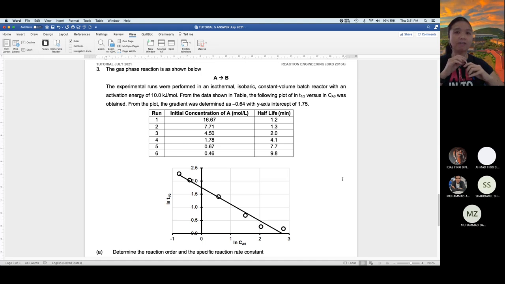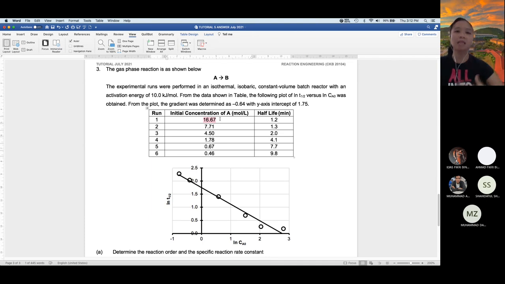adalah half life. Okay, kalau kamu lupa apa tu half life, contohnya dalam run, kamu tengok table ni, katakan pada run 1, the initial concentration is 16.67. Kamu bayangkan dalam reaktor tu kamu prepare concentration A ni 16.67, then you let reaction takes place, you will record the time of which kepekatan asal yang 16.67 ni jadi separuh daripada kepekatan asal dia.